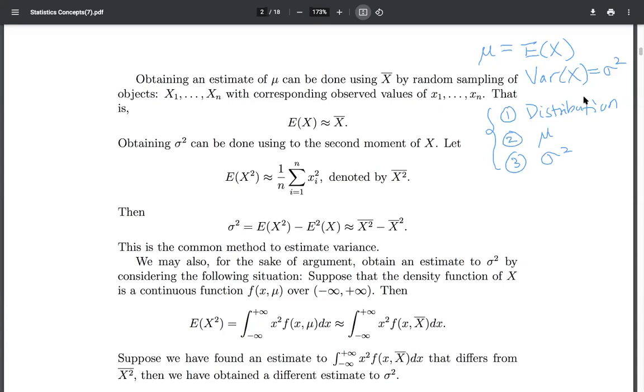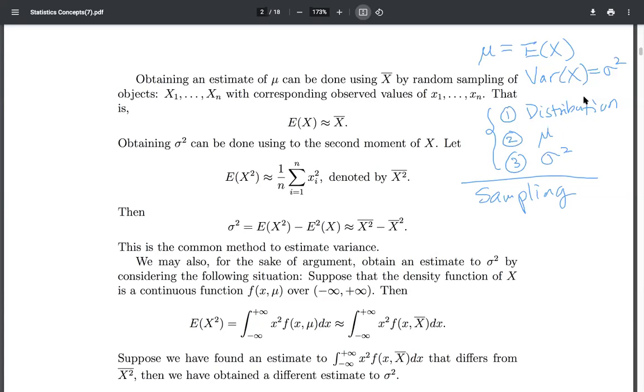So the method we have to use would be sampling. So the method is a sample or sampling. So we look at a few objects randomly and independently selected from this population, and then we look at their average value, right?